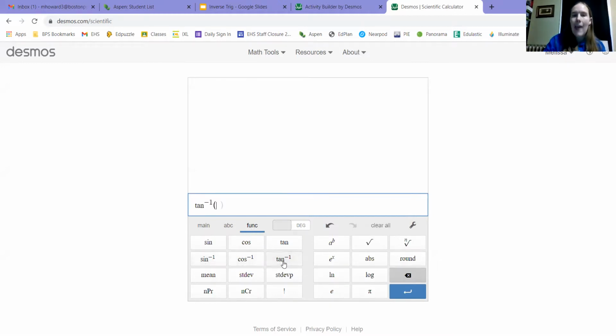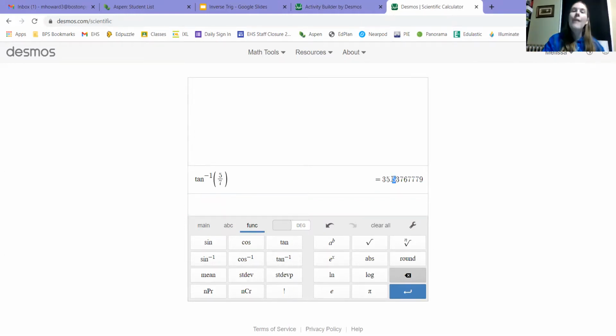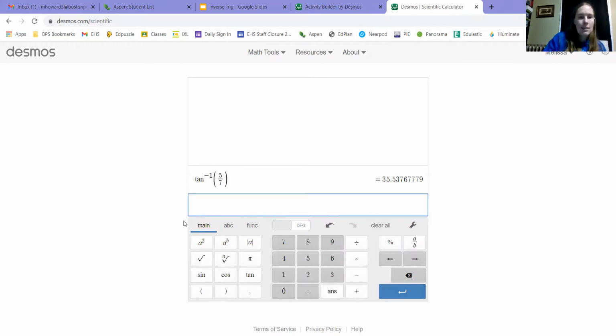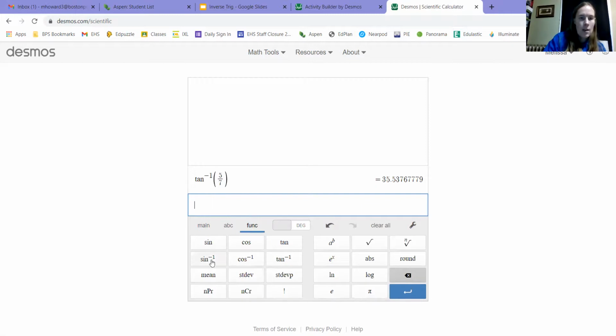So we had tan to the -1, and we had 5 divided by 7. And that's my answer. My theta would be 35.5. We want to round to 1 decimal place in this case. To find the inverse tangent, you go to function, and it's right there. This is inverse cosine, inverse sine.